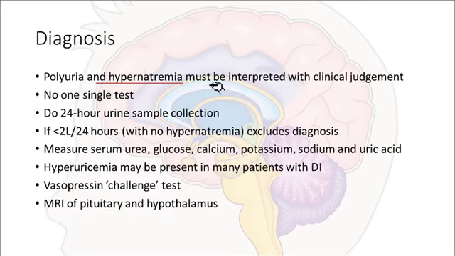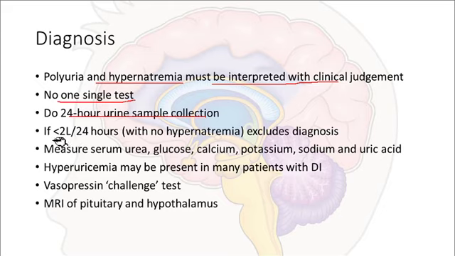Polyuria and hypernatremia must be interpreted with clinical judgment when you are diagnosing this condition. There is no one single test. You should do a 24-hour urine sample collection because this will give you an indication of the amount of urine in 24 hours as well as the concentration of the urine. Remember that a 24-hour sample will consist to some degree of a sample that comes from fasting, so it will also tell you a little about the concentration.